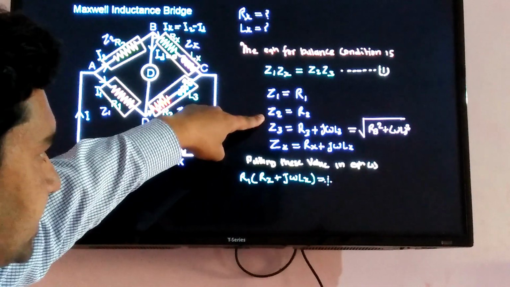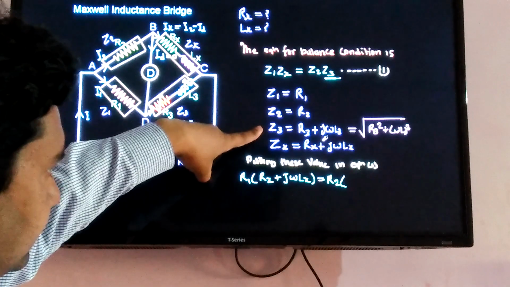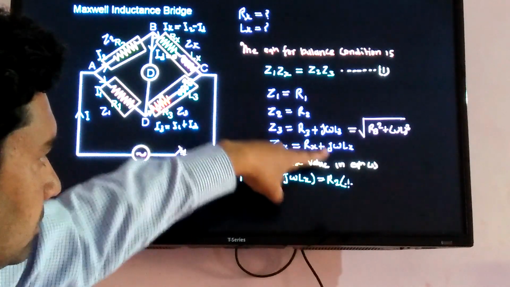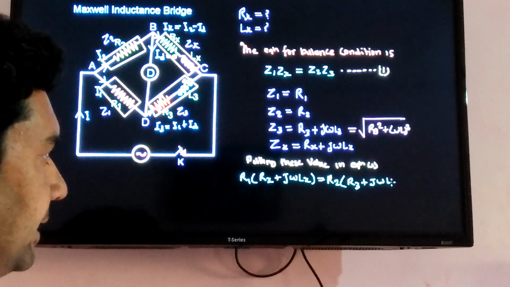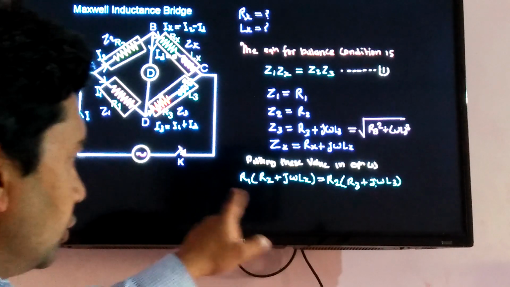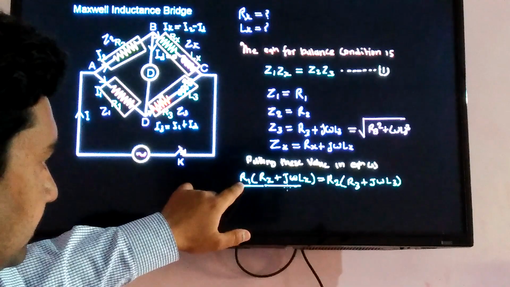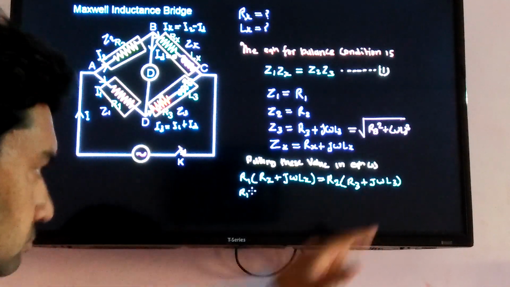The value of Z2 is equal to R2, into Z3, where Z3 is R3 plus j omega L3. Now multiply by R1 in this bracket and by R2 in this bracket.